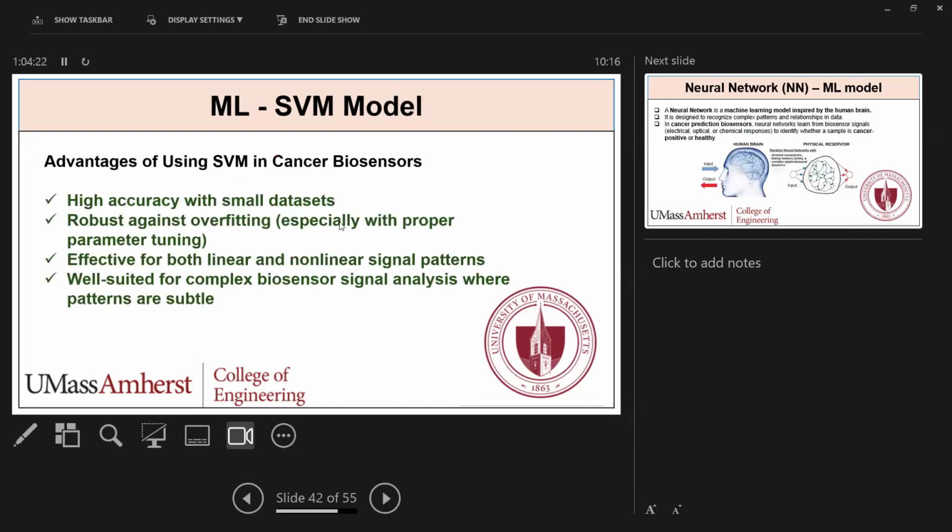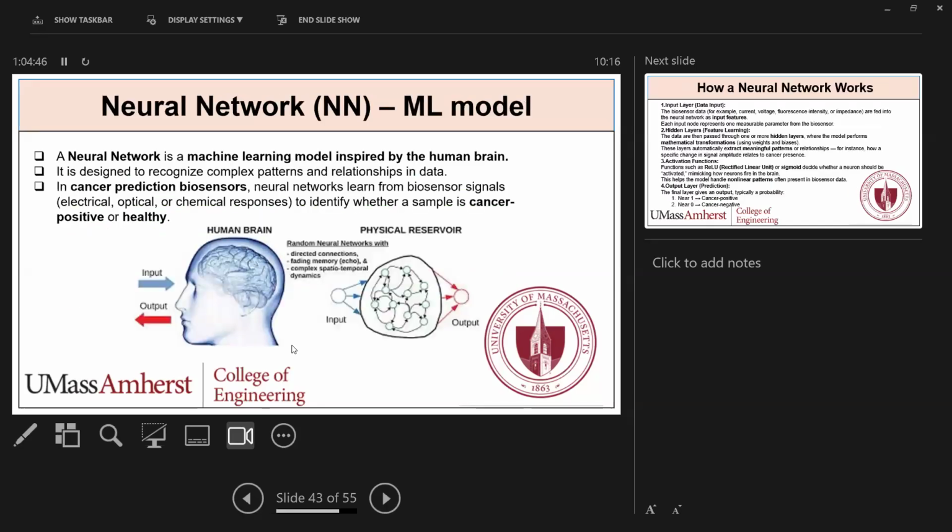As for the advantages of SVM, I know that SVM is a basic model, so we wanted to start with something basic, easy to understand, and easily applicable to the cancer biomarkers. Then the neural network model is a machine learning model inspired by the human brain.